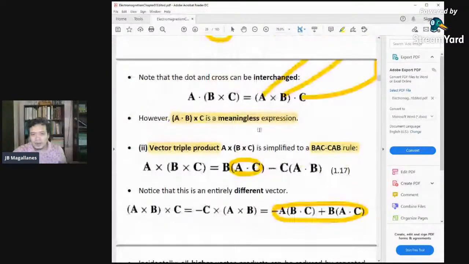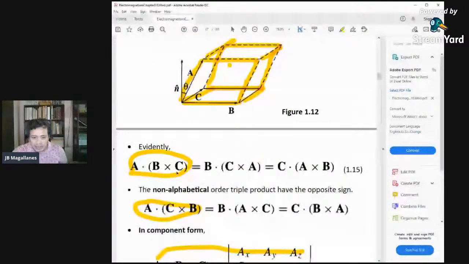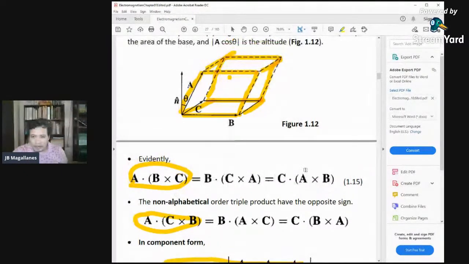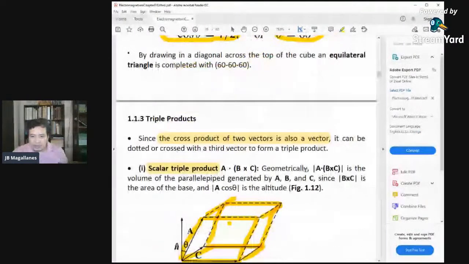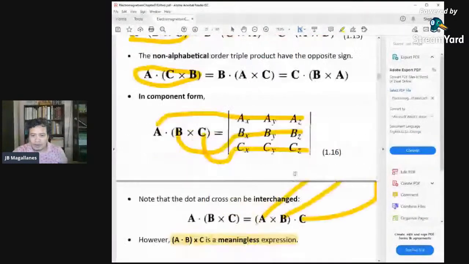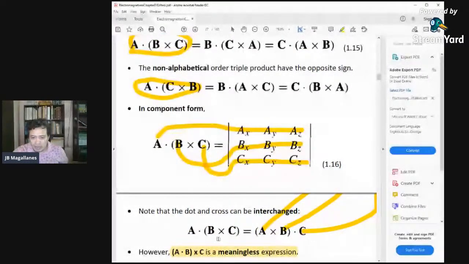By the way, these are equal because the dot product is commutative, no?